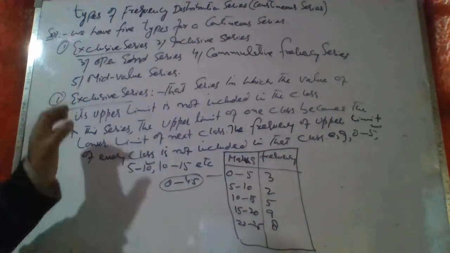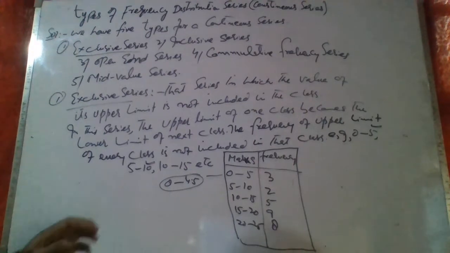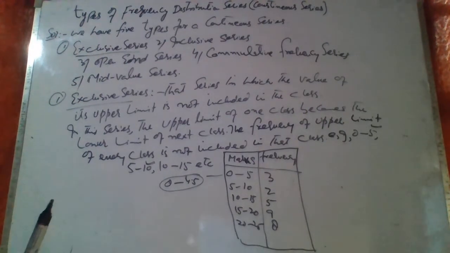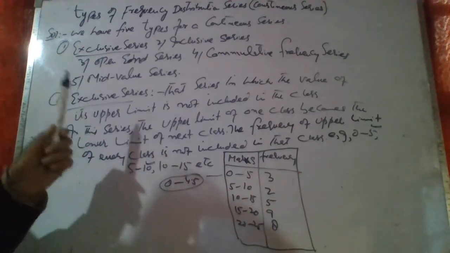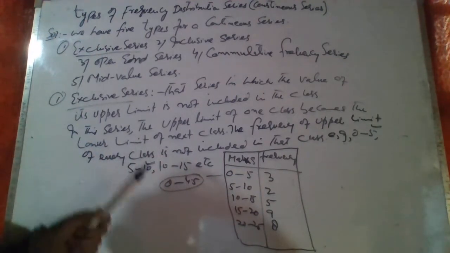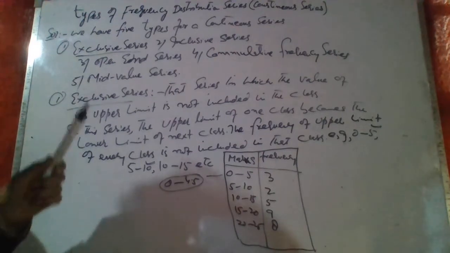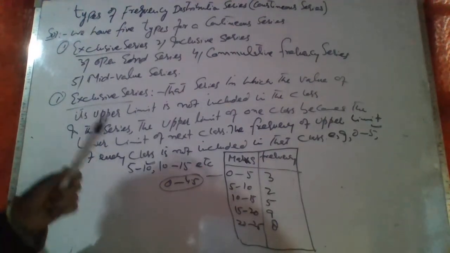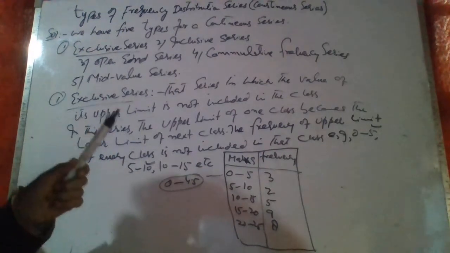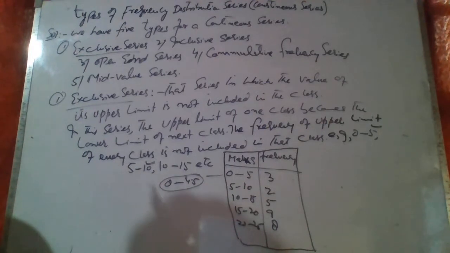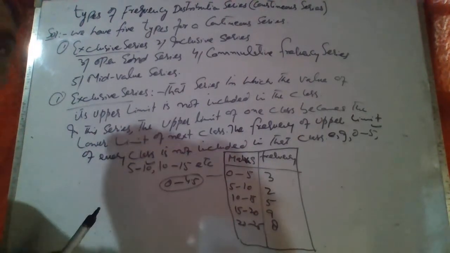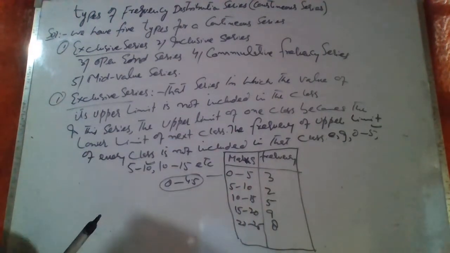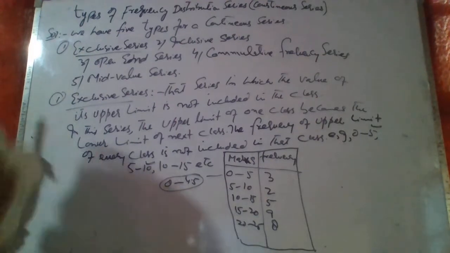So this is the first form of continuous series: a series in which the upper limit of one class becomes the lower limit of the next class, and the value of upper limit is not included in that class but in the next class. So this is all about the exclusive series.